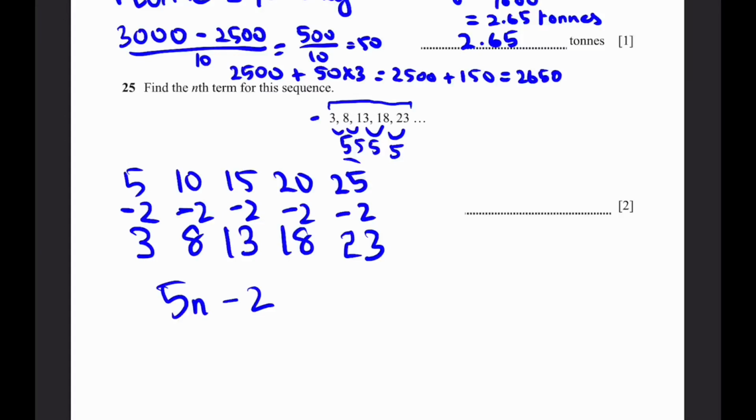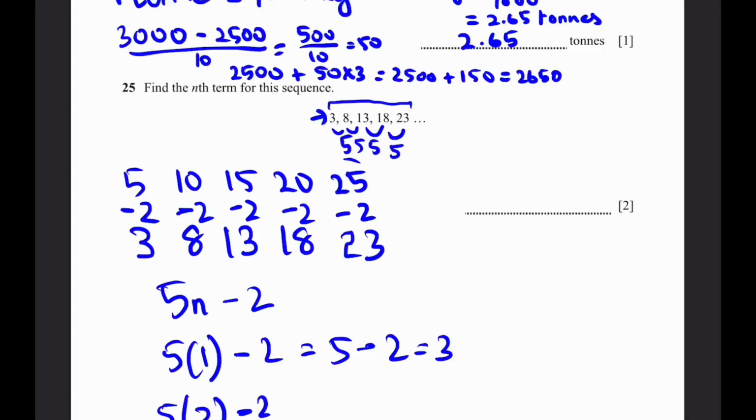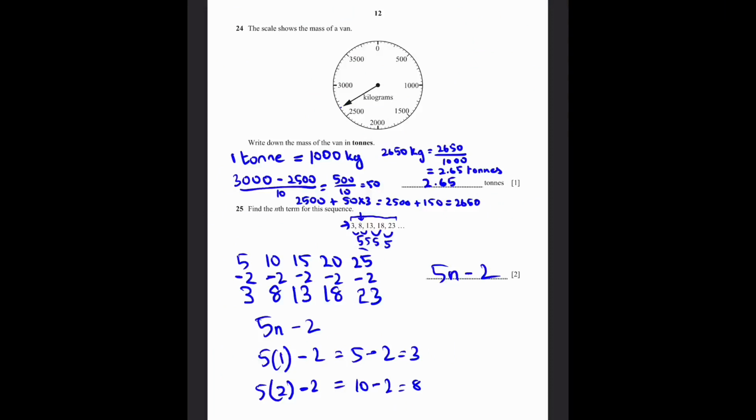Substitute n equals 1. So 5 into 1 minus 2, which is equal to 5 minus 2, which is equal to 3. Substitute n equals 2. 5 into 2 minus 2, which is equal to 10 minus 2, which is equal to 8. And that's what we need. So it'll become 5n minus 2.